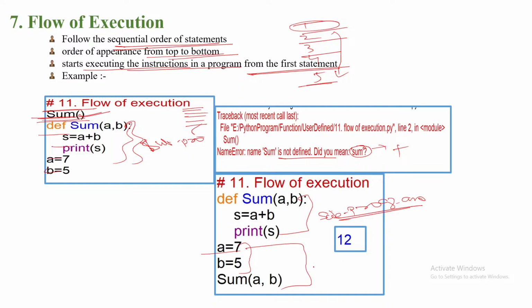In the main program, it will start the execution from here. 7 5, sum a comma b, a value is 7, b value is 5. Then 7 plus 5 comes to 12. Clear? So flow of execution, you understand, follows the sequential order, and order of appearance means sequential order, top to bottom. Then it will start executing from the first statement, right?